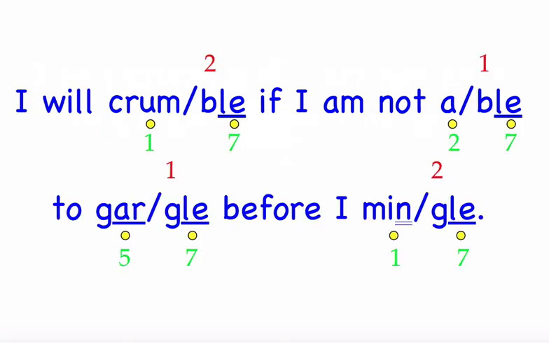Mingle. I will crumble if I am not able to gargle before I mingle. And mark the words in this sentence. I will crumble if I am not able to gargle before I mingle. And this completes the dictation of sentences in lesson 388.